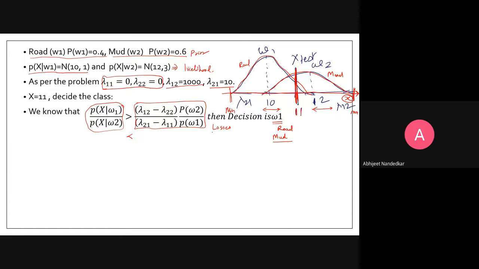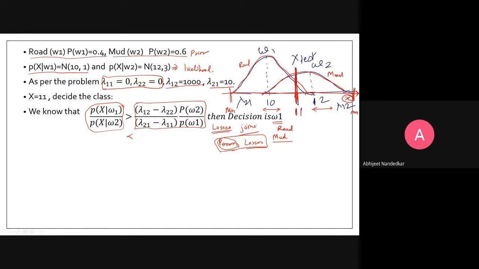So this is a joint thing where I take into account probability and the losses. We are not just interested in reducing probability of error, we are also interested in reducing losses. Earlier, simple Bayes concentrates on only probability of error.